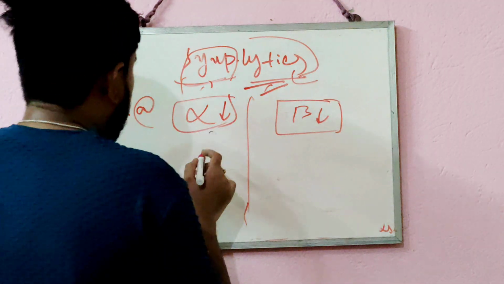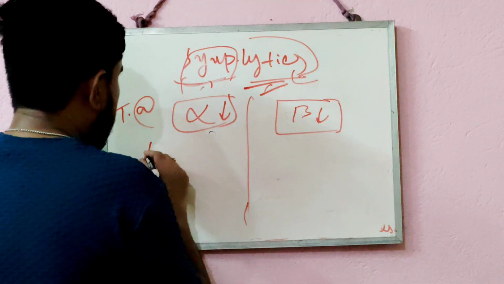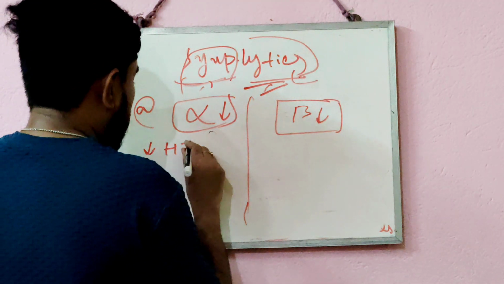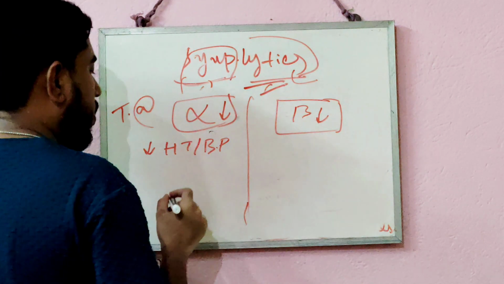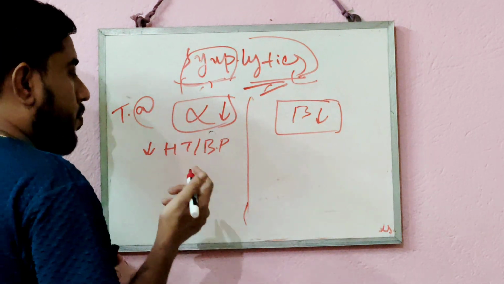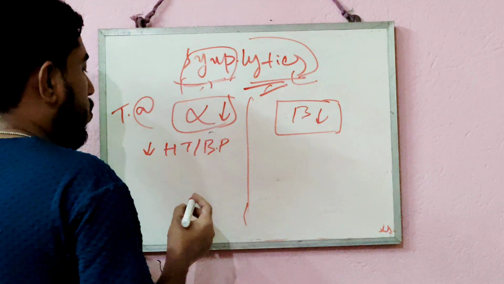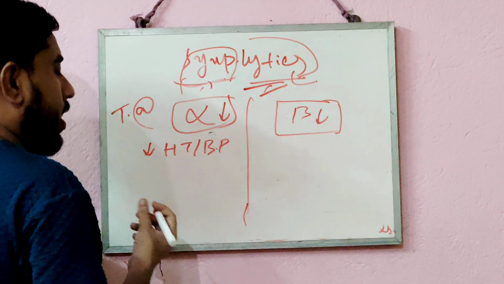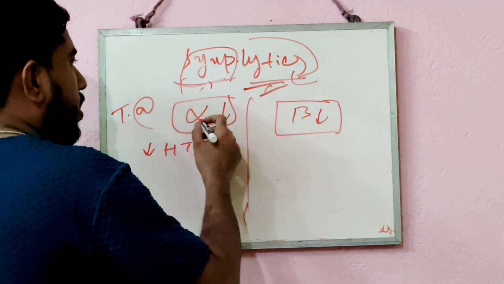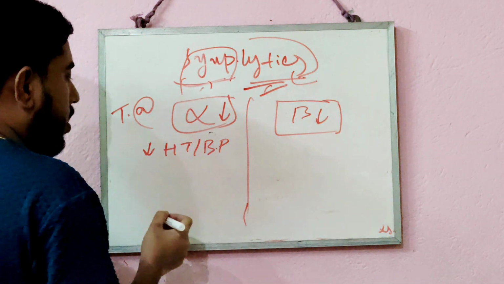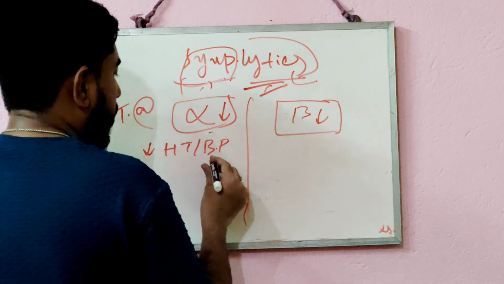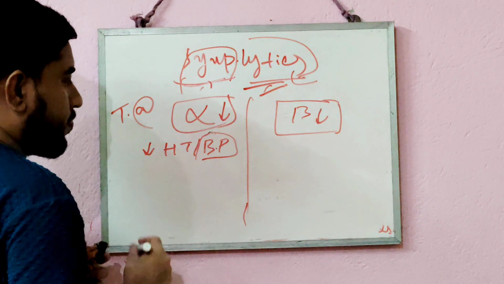In the case of alpha 1, it is used in treating hypertension, or what we call high BP, so decreasing the BP if anyone's blood pressure is increased. To vasodilate, or dilate their blood vessels, we can use alpha blockers or sympatholytics, which will decrease the hypertension and regulate the BP.